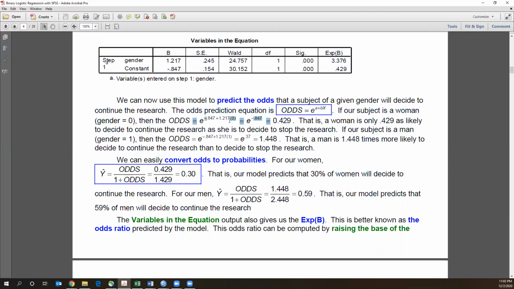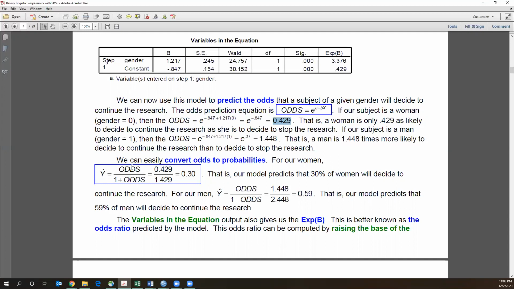Remember that equation I gave you, which was negative 0.847 plus 1.127. That calculates this, and then when we know what our odds are, we get this, which tells us that a woman is only 0.429 as likely to decide to continue as she is to decide to stop.